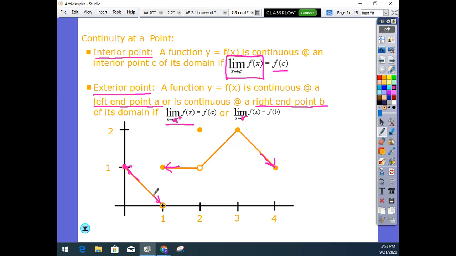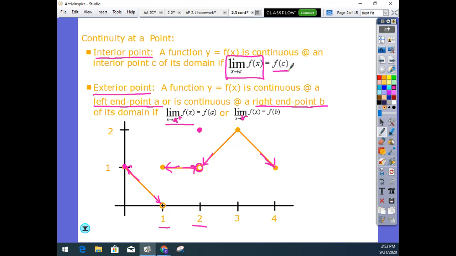The limit from the left is not equal to the limit from the right. So what this says is the limit does not exist, so we can't say it's continuous at 1. At 2, the limit from the left equals the limit from the right. So the limit exists, but the limit is different from the y value. So then this part isn't true.